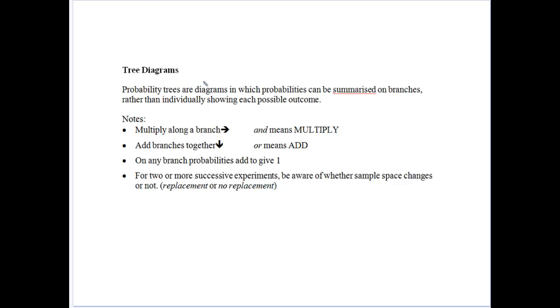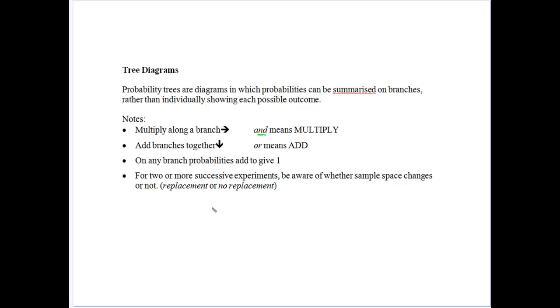Another one we can use is a tree diagram. You've probably seen tree diagrams before. Basically, we want to get our probabilities correct to get a diagram that helps us solve our problem. If we're going along a branch horizontally, that means multiply, which is the idea of AND.